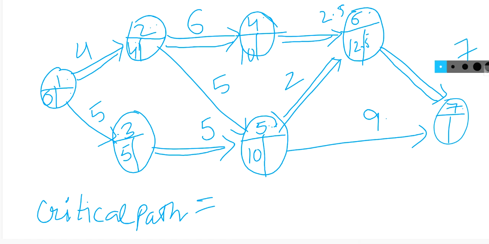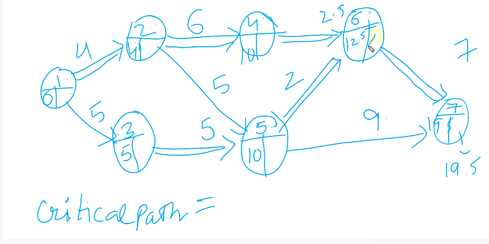And so 12.5 plus 7 is 19.5, and 10 plus 9 is 19. So I'm going to write the largest one, 19.5. So the LOT will also be 19.5 here.